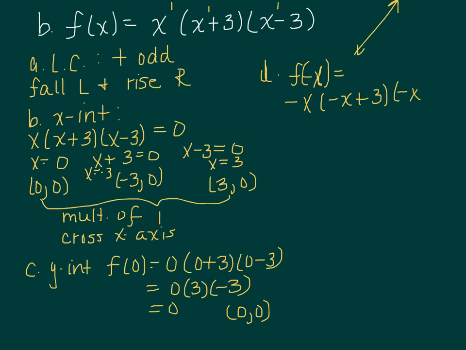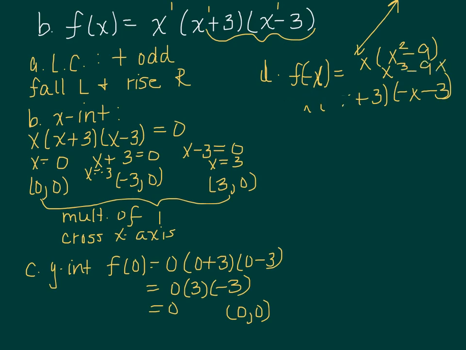So because everything changed, and if you don't know, you can always FOIL this out. And this will give you x cubed minus 9x.